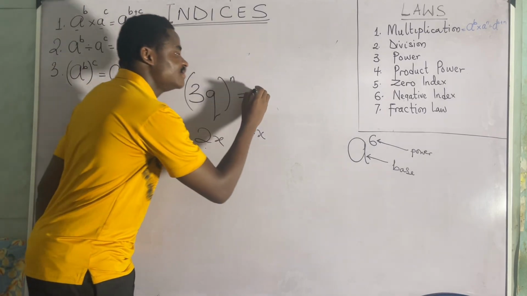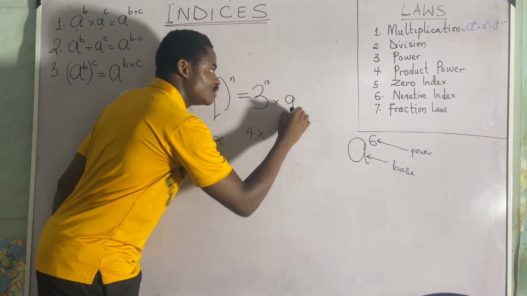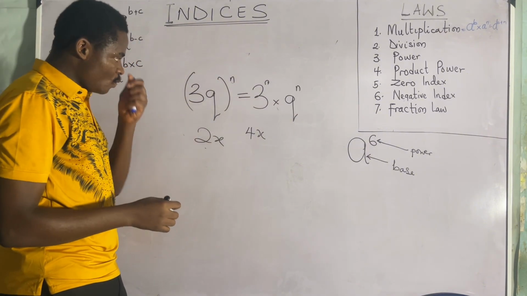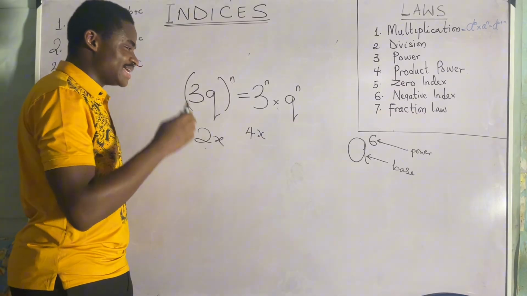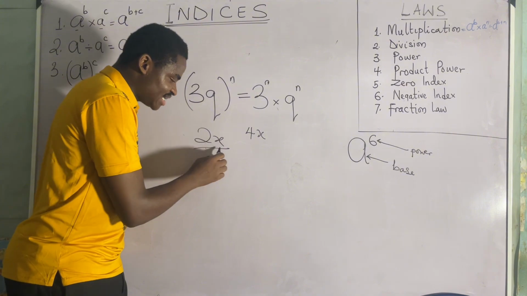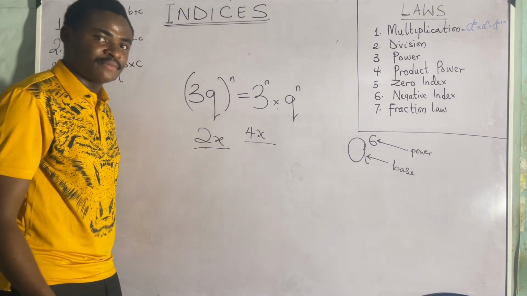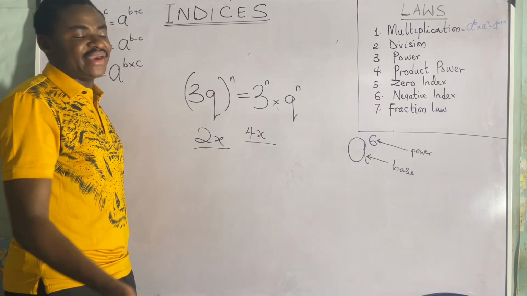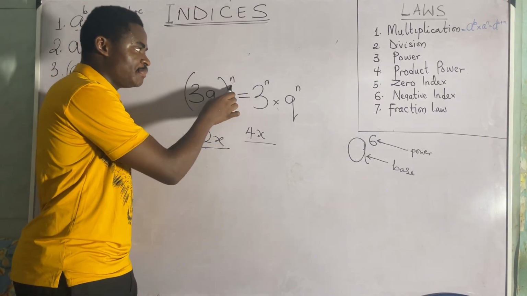So we're going to have 3 raised to power n times q raised to power n, because whenever there is no sign shown there, imagine that there is a multiplication sign. So 2x means 2 times x, 4x means 4 times x, 3q means 3 times q, 6y means 6 times y. So 3q to power n is a product of two numbers with a power.